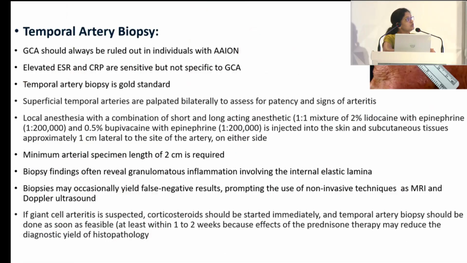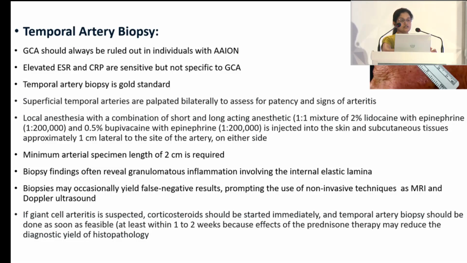Temporal artery biopsy should always be done to rule out arteritic ischemic optic neuropathy. The elevation of ESR and CRP is also sensitive but not specific for GCA. So the temporal artery biopsy is the gold standard.